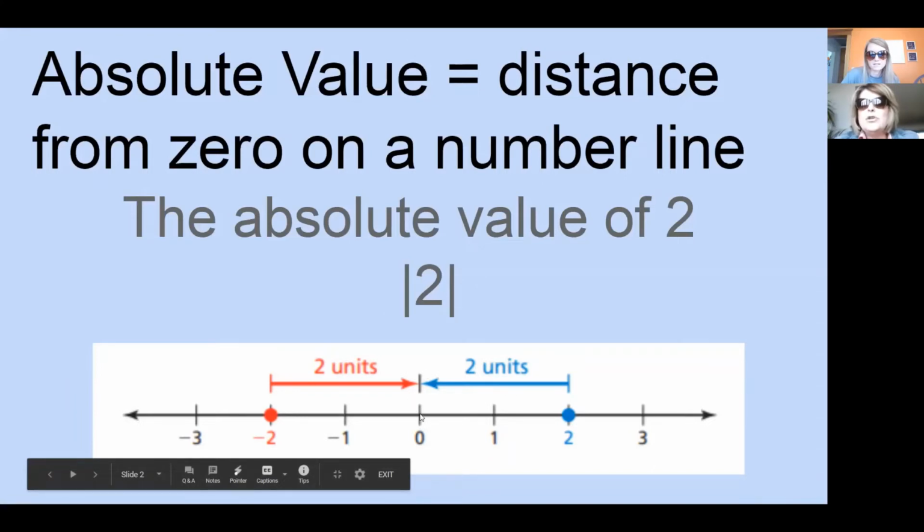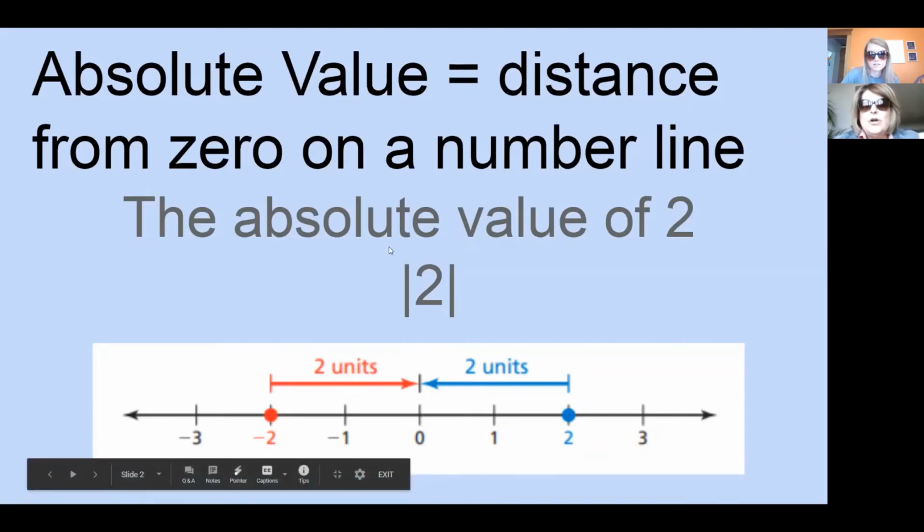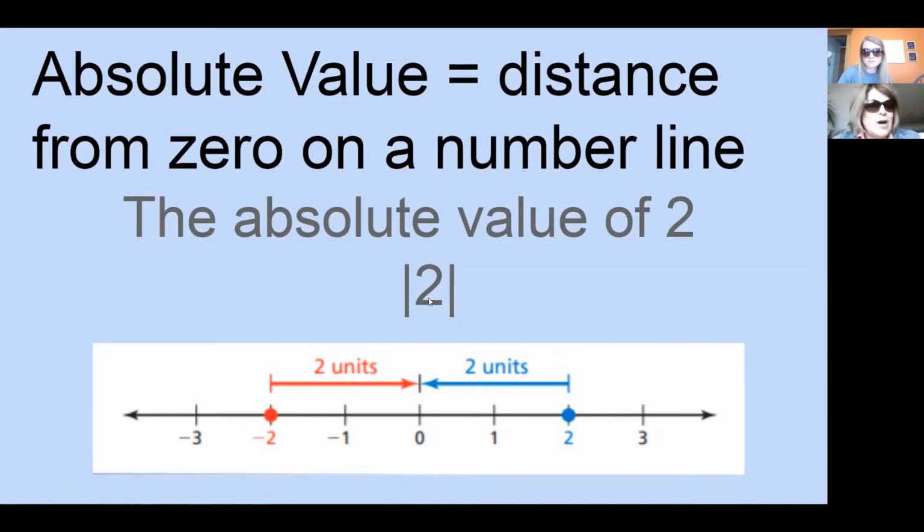I am 2 units or 2 jumps away from 0. The absolute value of 2 then is 2. I know it sounds strange because 2 is 2 units away from 0 on the number line.